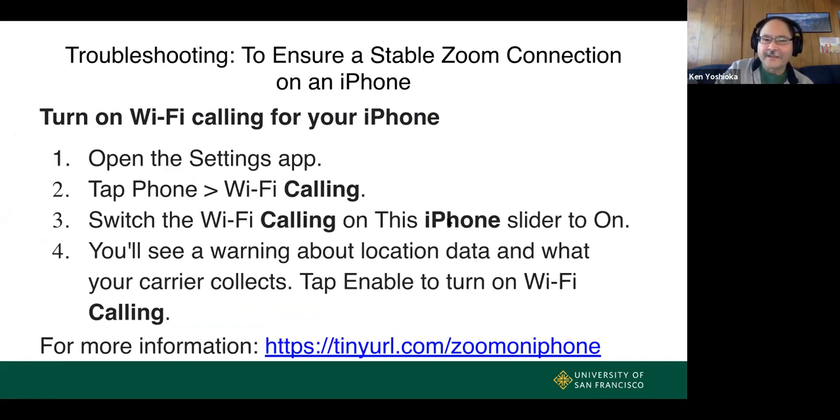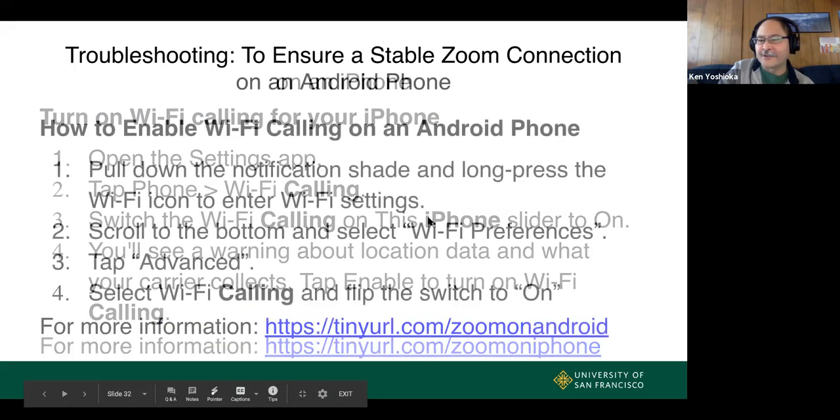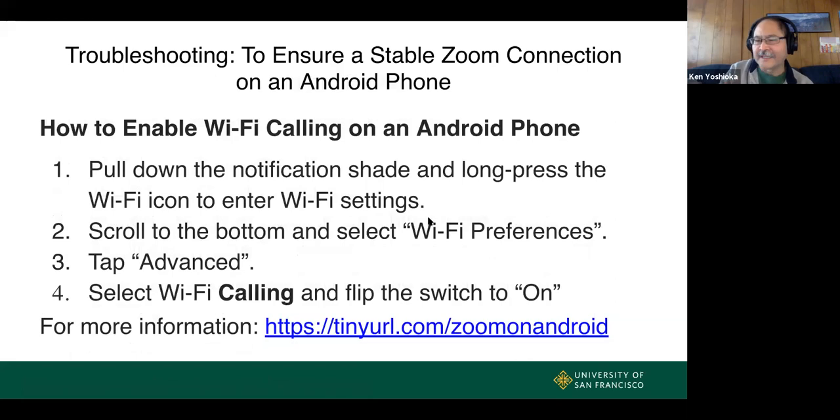So if you don't have very good cell coverage, there's some information on enabling Wi-Fi calling on both your iPhone and on your Android phone. So it utilizes the Wi-Fi in the area instead of using your cell coverage. I think these are on the knowledge base on the ITS support site.